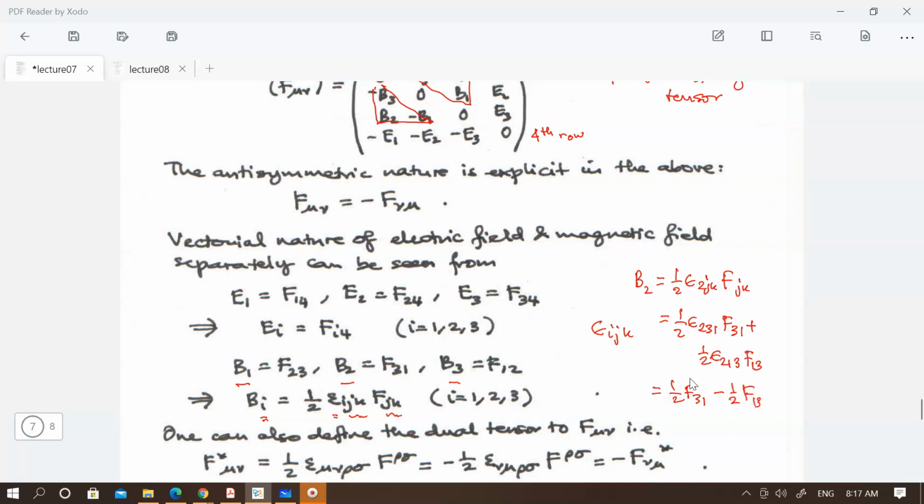But then you know that F31 and F13 are essentially minus of each other, so I can write this as F31, which is essentially this quantity. So you can do it for the rest, and you can check that it works.